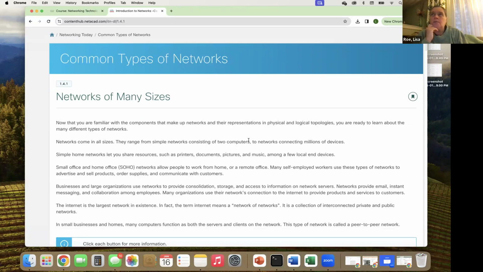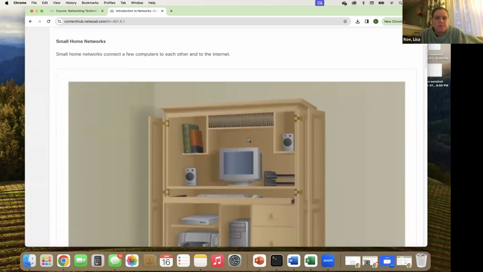Your keyboard connected to your laptop, your laptop connected to an access point. These are all different types of networks, 2 devices connected together. The largest type of network we have is the internet, where we have millions, probably billions of devices all connected together in a big cloud. So they come in all shapes and sizes.